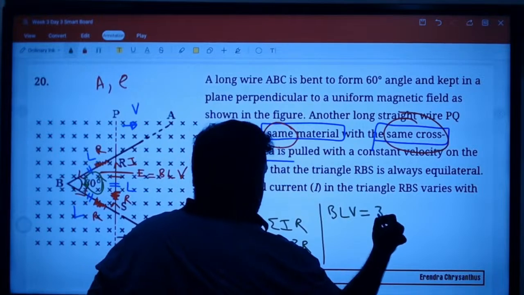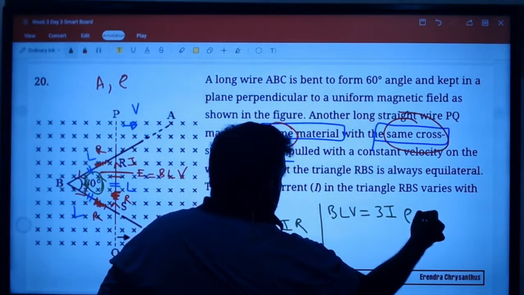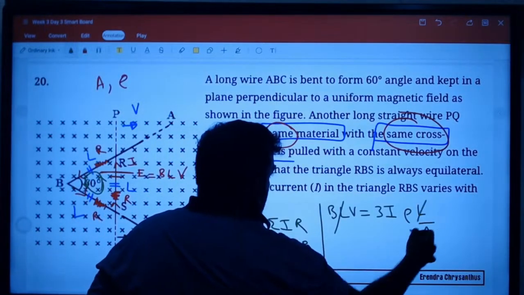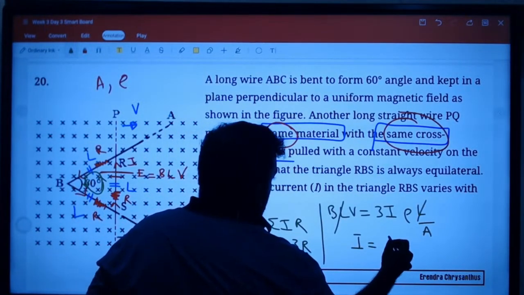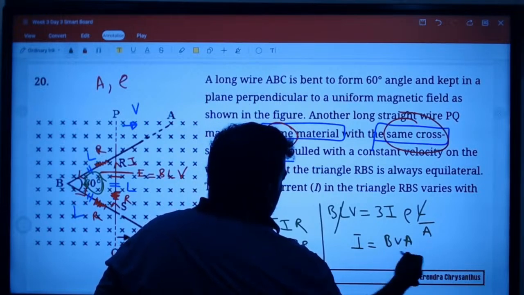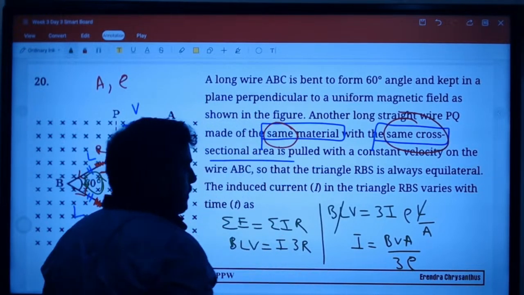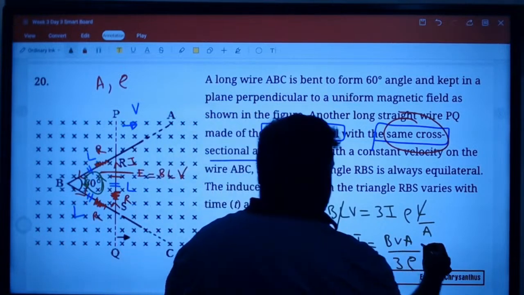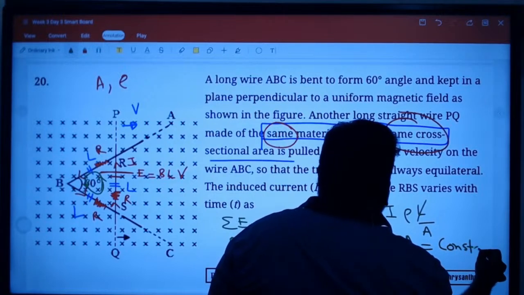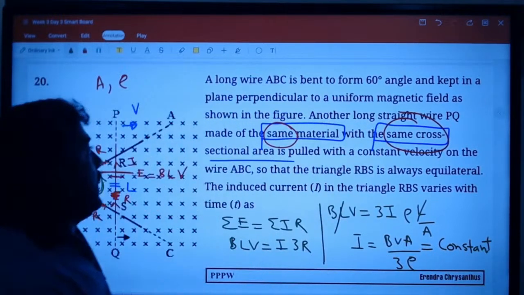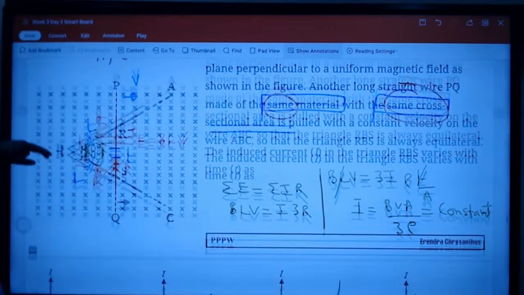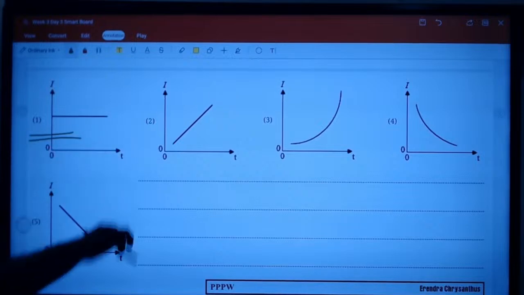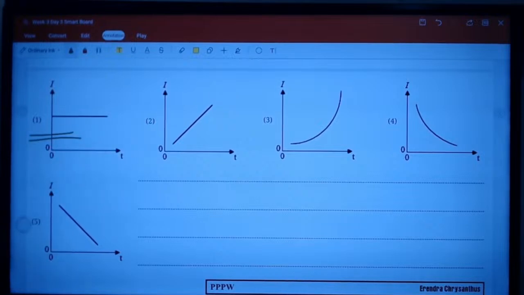BLV is equal to 3I times rho L over A, since every resistor is rho L over A. L cancels off. I is equal to BA divided by 3 rho. B is constant, A is constant, 3 is constant, rho is constant. There you go, constant. So the current will always be constant. Correct answer, answer number 1.